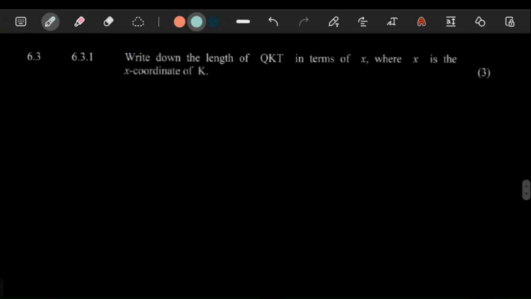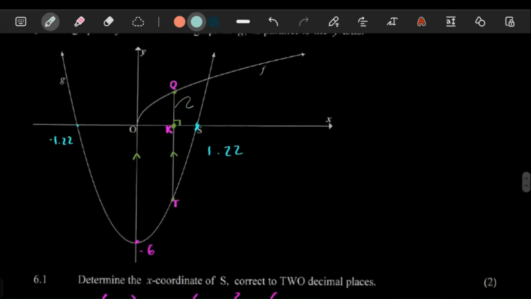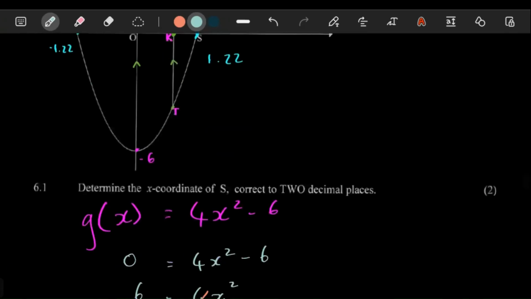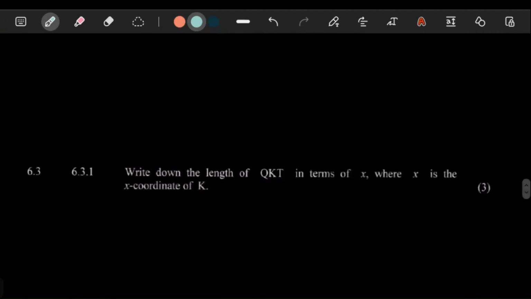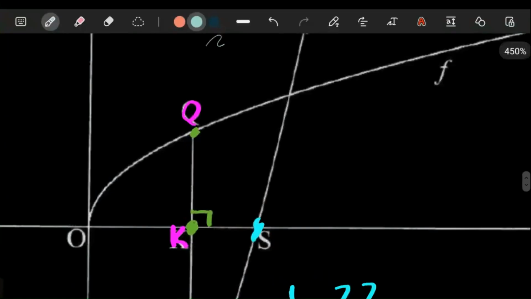6.3.1 here says, write down the length of QKT in terms of x, where x is the x coordinate of K. We need to write down the length in terms of x. That's quite straightforward because the length of QKT is all based on the y values up here.